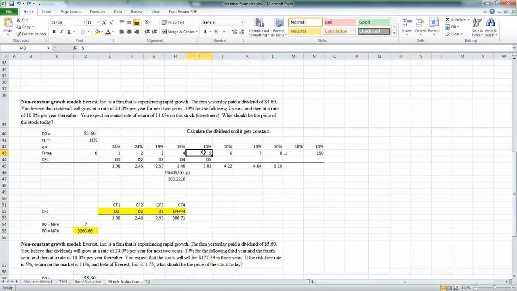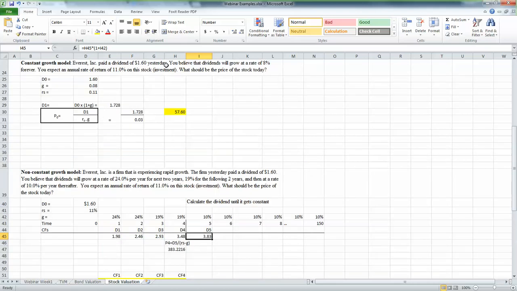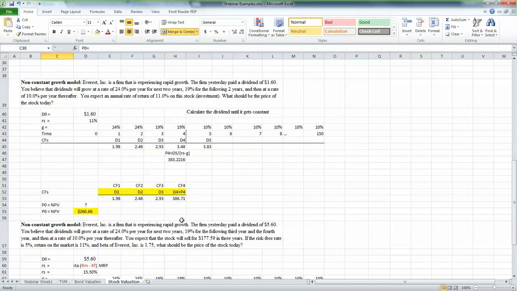So I'm gonna find the dividend until it gets constant. When the dividend is constant, you can find the stock price in the beginning of the year, just like the model above. If you know the next dividend, you can find the price now, right? Same way, if you know your next dividend, you can find the price in the beginning of that year.